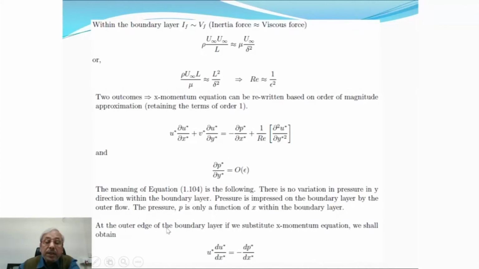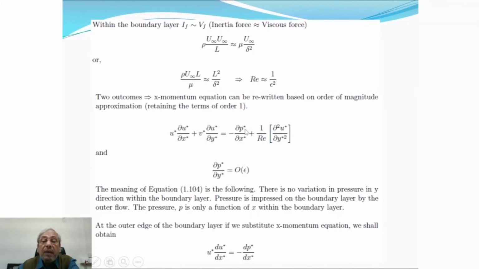At the outer edge of the boundary layer, if we substitute in the X momentum equation, extending it outside the boundary layer, V star is 0. So from the left hand side we will get U star del U star del X star. On the right hand side, again this velocity gradient and its further derivative, which is the curvature term basically, but U star will not change in Y outside the boundary layer. So this term will be dropped.